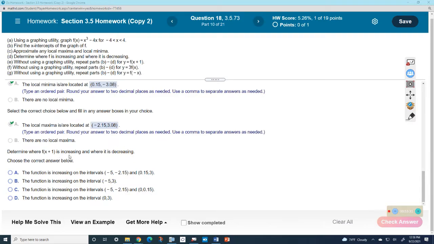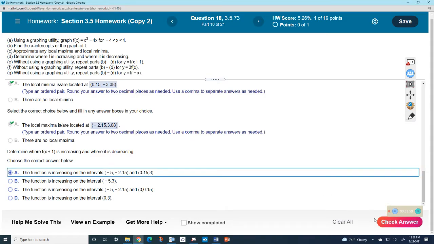Alright, determine where it's increasing and decreasing. For me, whatever my interval of increase was before, I'm just going to be subtracting 1 from those values. So before, mine was negative 4 to negative 1.15, so now it's negative 5 to negative 2.15, and it was 1.15 to 4, now it's 0.15 to 3, so that's the correct answer for mine.